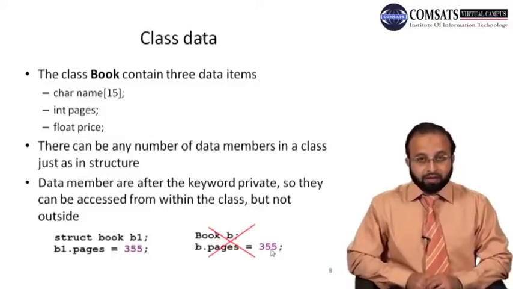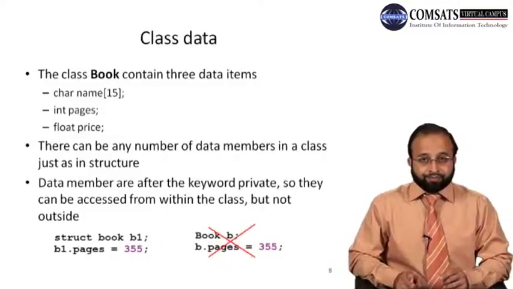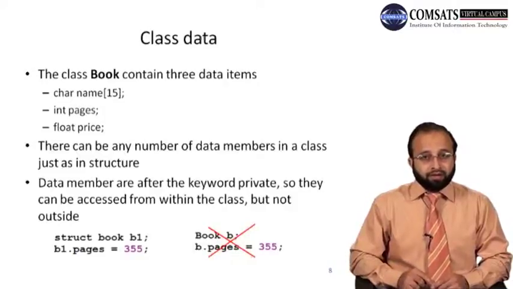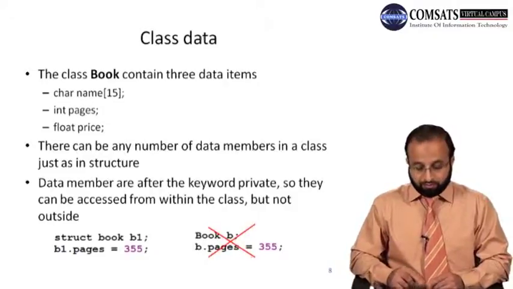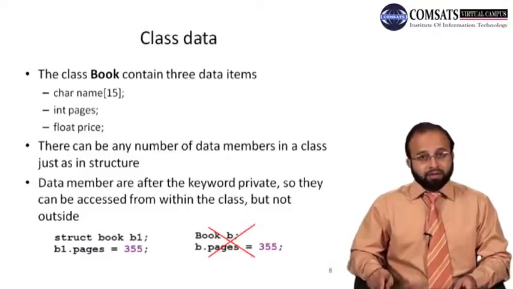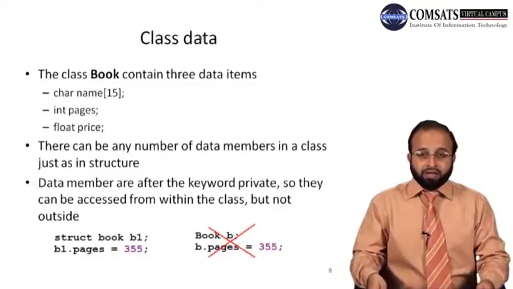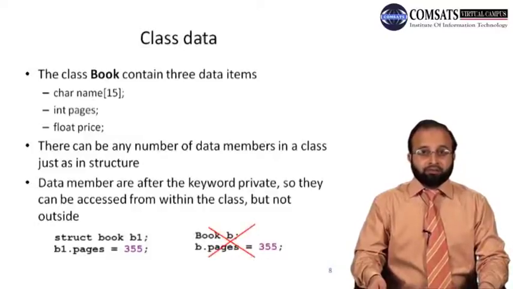That is not allowed. Why? Because pages is a private data member of the class. It is not a public function or public data member. If you make pages public, if you remove the keyword private, then you can do it like this. But it is strongly recommended that you keep the data members of the class private.